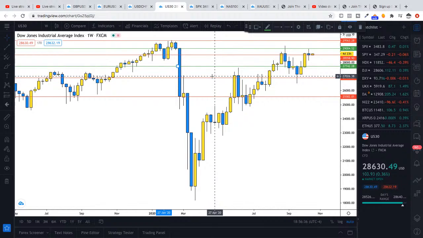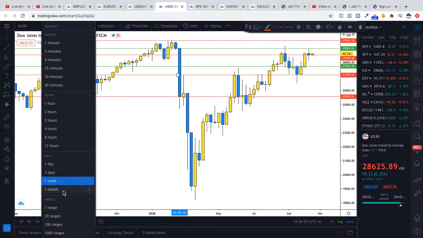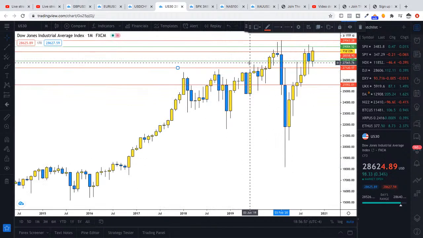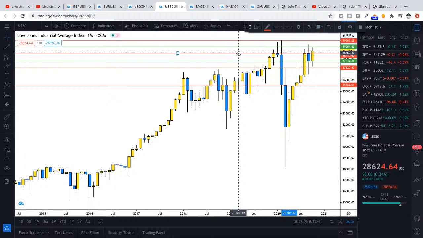So if I was to tighten up this red zone, I want you to look at what the price action does right at this point. You see that? Clear rejection, clear support. But now it's at this zone, which is, if we go to the monthly, okay, it just cleared these highs.